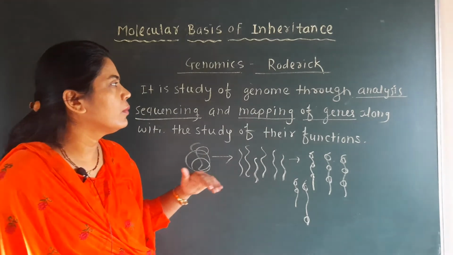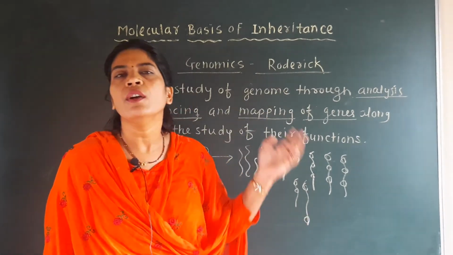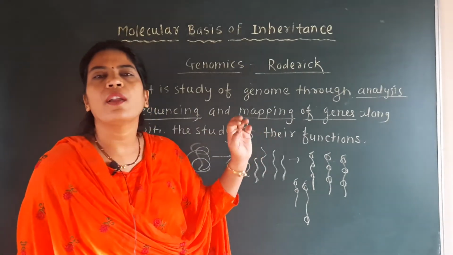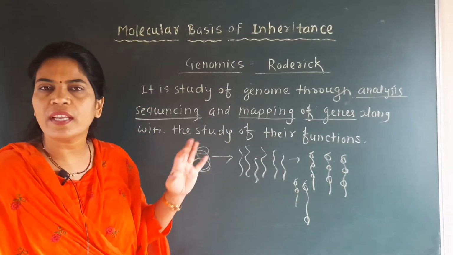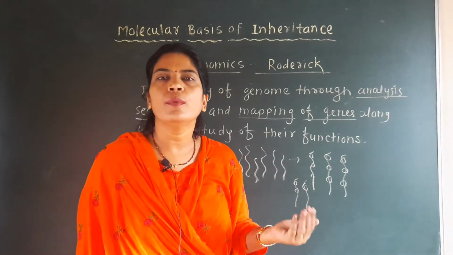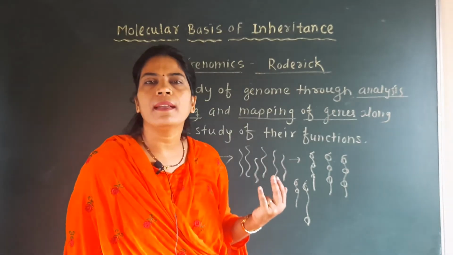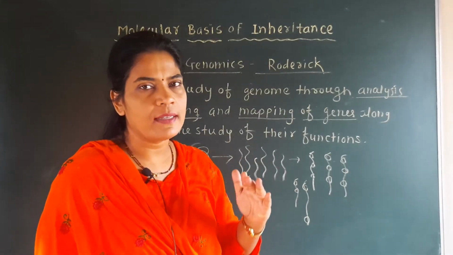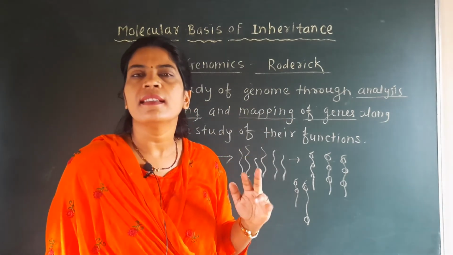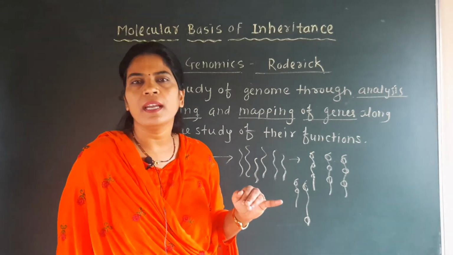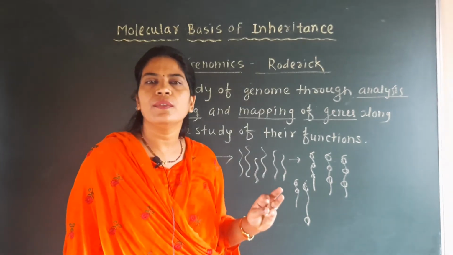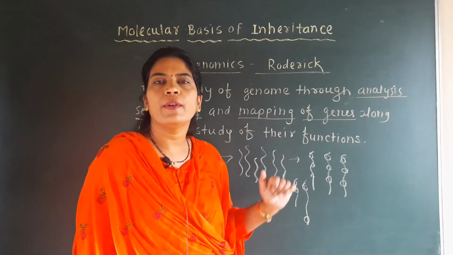So the study of the genome is through its analysis, sequencing and mapping, along with the function of the genes. So the definition is very important: study of the genome through analysis, mapping, sequencing. You should study it serially, that is the analysis, sequencing and mapping of genes along with their function, and that is called genomics. So Roderick gave the term genomics, and this is the point of genomics.